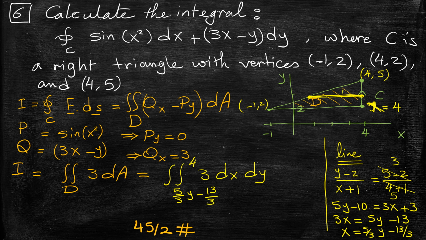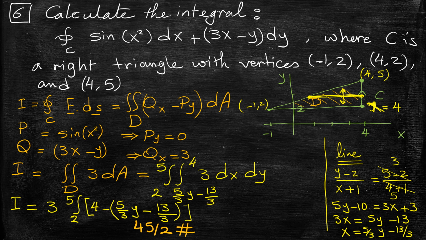And y will be moving from the bottom to the top, between y equal to 2 till y equal to 5. So again, this is equal to 3, this is constant. The x will be integrated to dx, and then the integration from 2 to 5 of 4 minus 5 over 3 y minus 13 over 3, and all these terms integrated with respect to y.